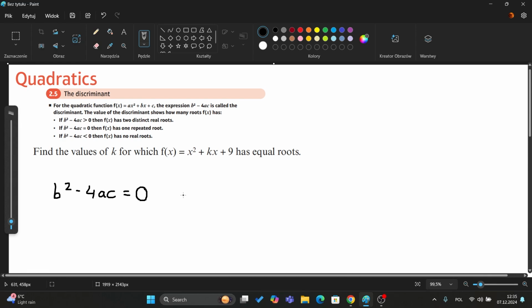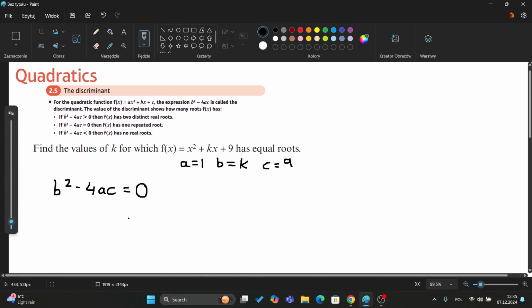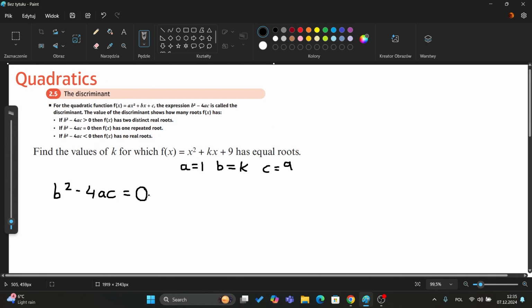Now, this means we're going to plug in the a, b and c of this f of x to work out the values of k. It is as simple as this.